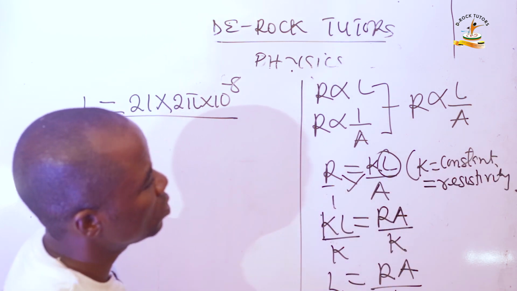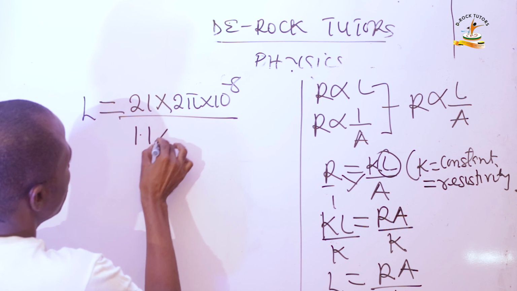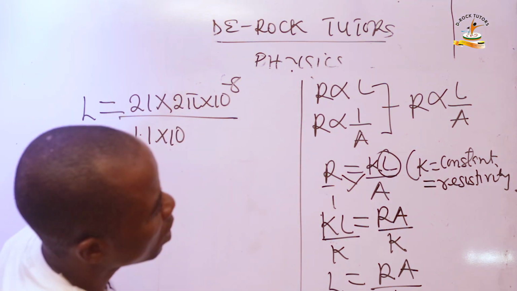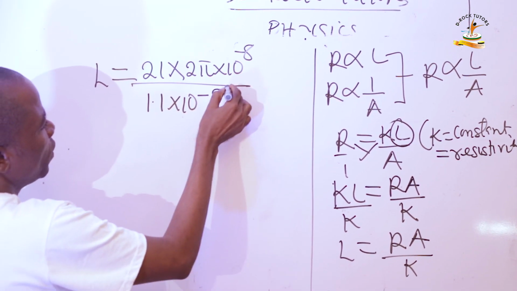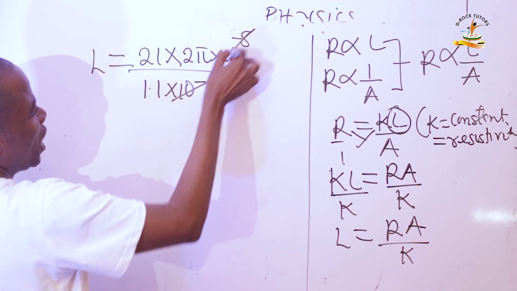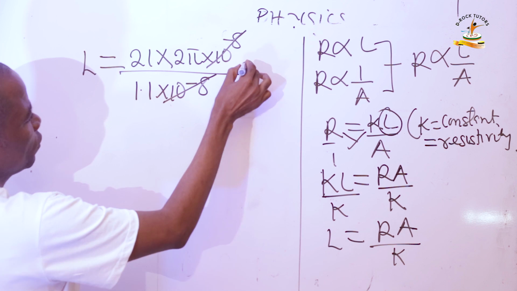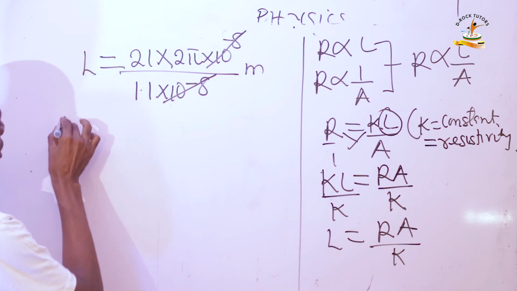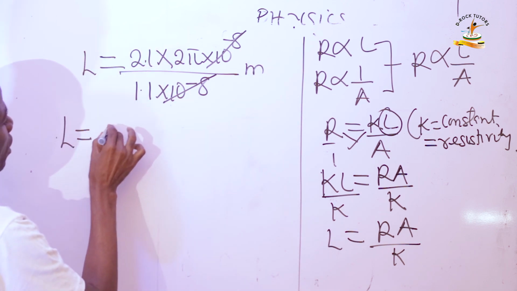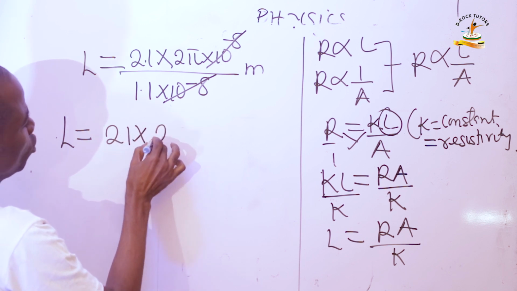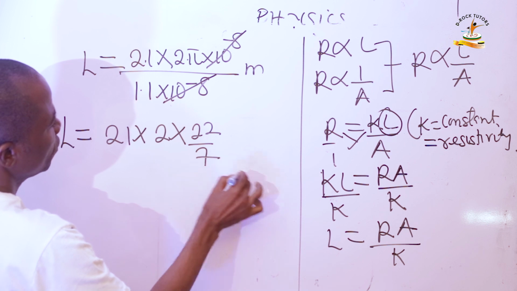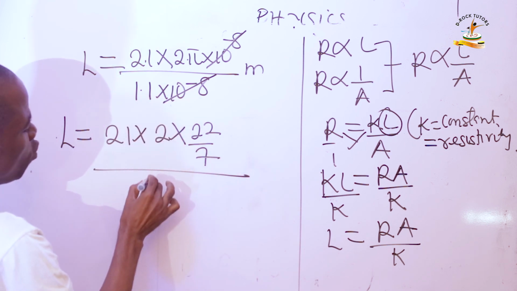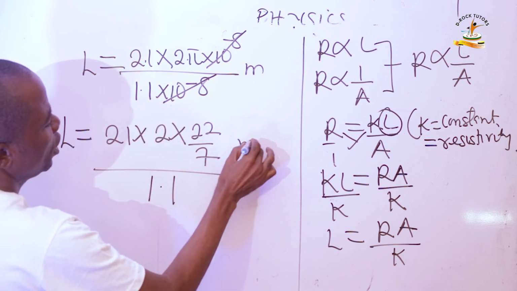I've been given the resistivity to be 1.1 times 10 raised to the power minus 8. So, first, 10 raised to the power minus 8 cancels 10 raised to the power minus 8. Don't forget the length is to be measured in meter. L now is 21 times 2 times π, which is 22 all over 7, everything divided by 1.1 in meter.